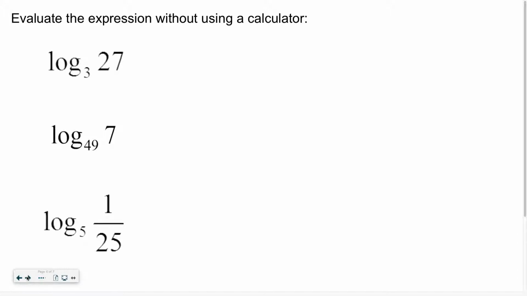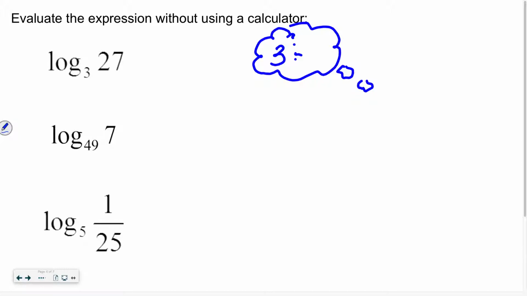So I always like to draw my little thought bubbles here, like this, what's happening in my brain right now. I am thinking base 3 raised to some exponent, so I'll put a little question mark up there, equals the number 27. What is that exponent?